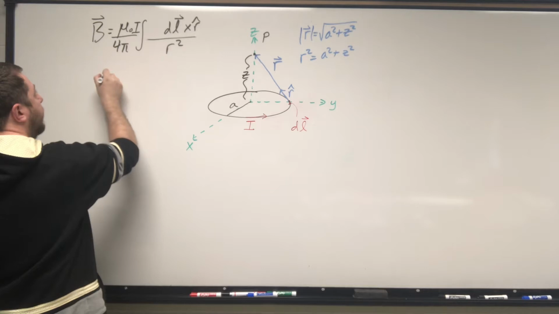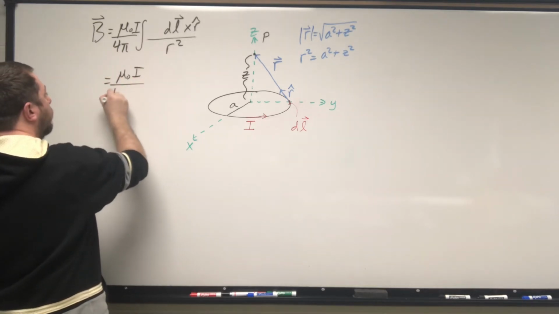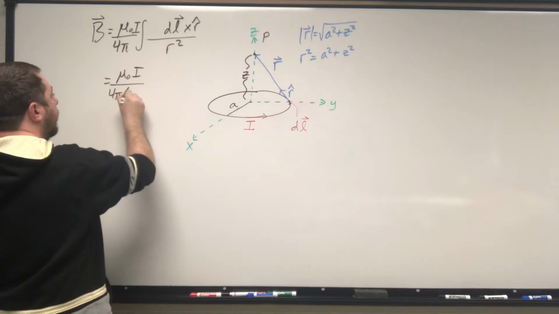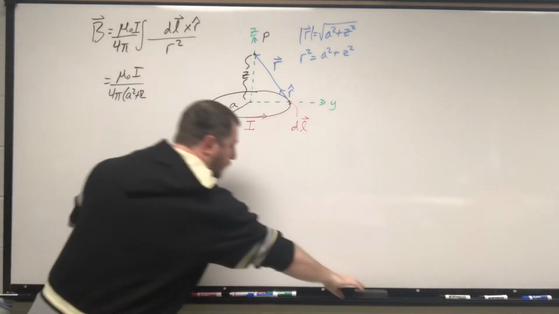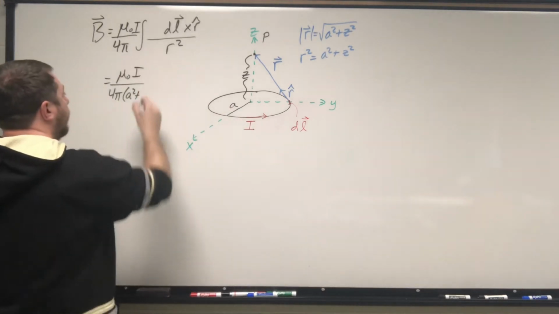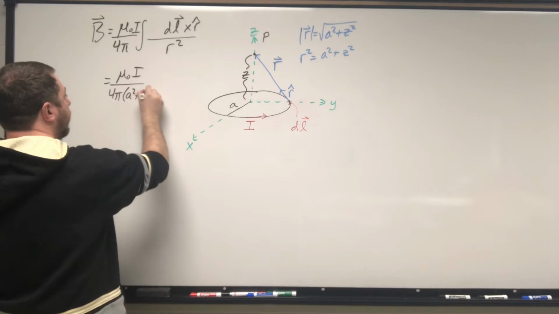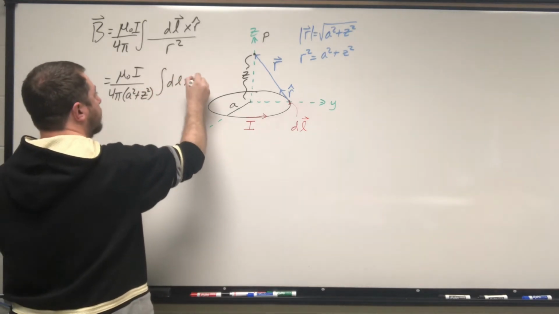So I can say mu naught I over 4 pi times a squared plus z squared, times the integral of dl cross r hat.